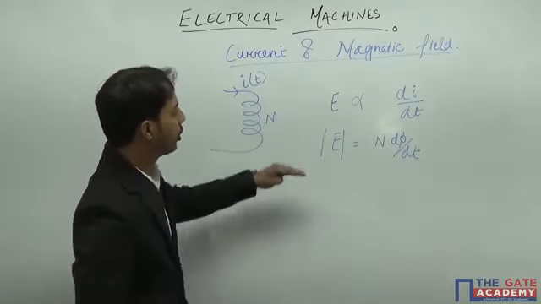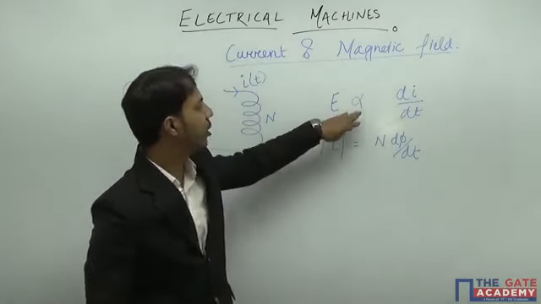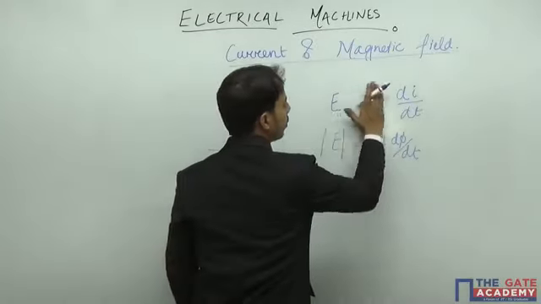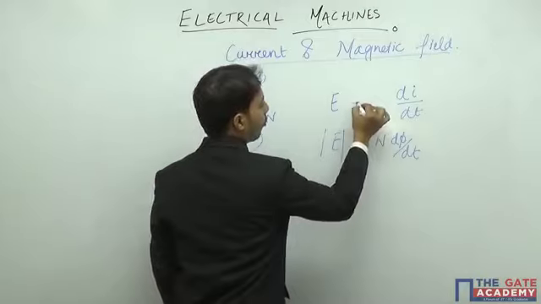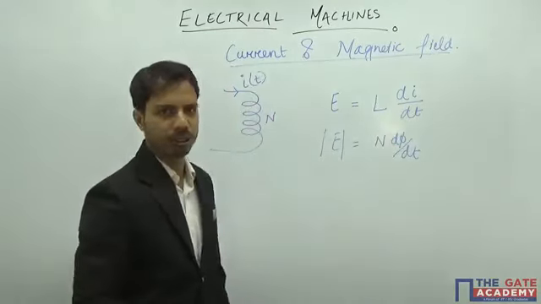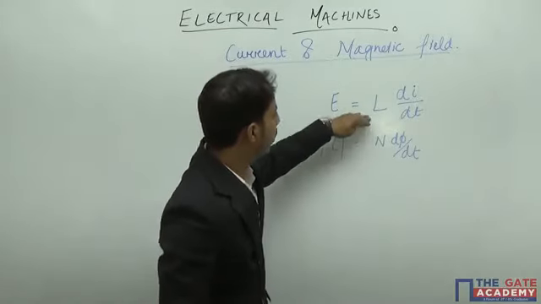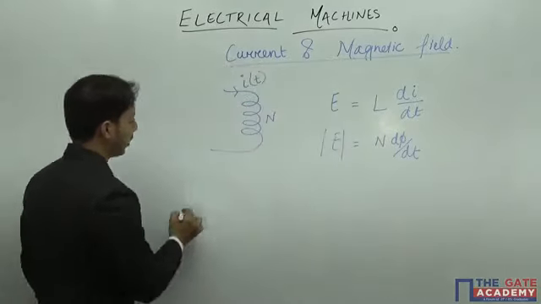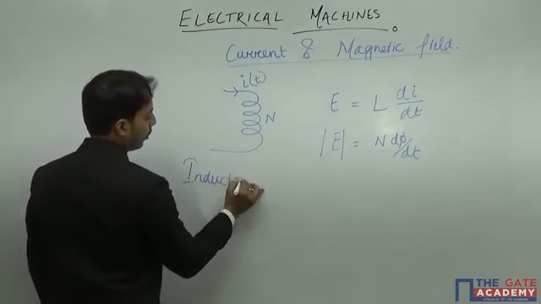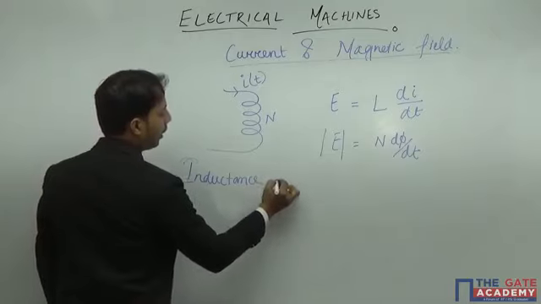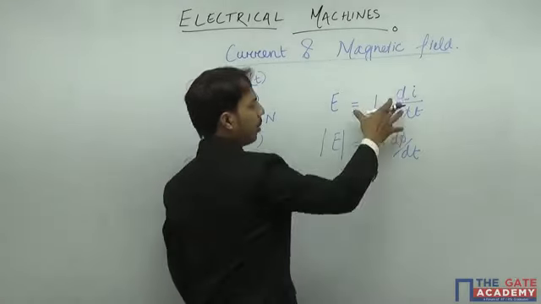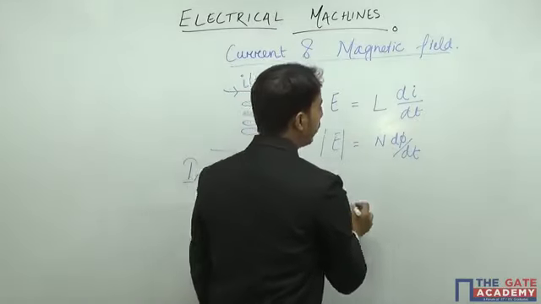Also, this E is proportional to di by dt, and the inductance of that particular coil is nothing but the proportionality constant. So inductance is given by L.